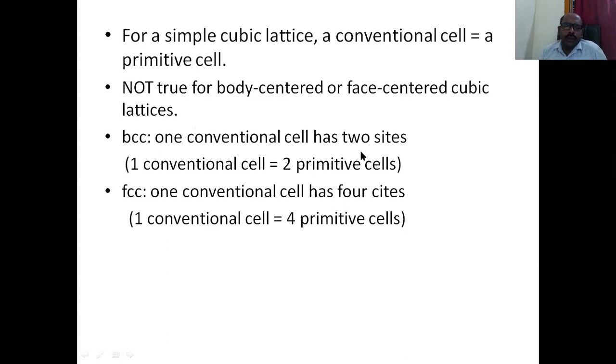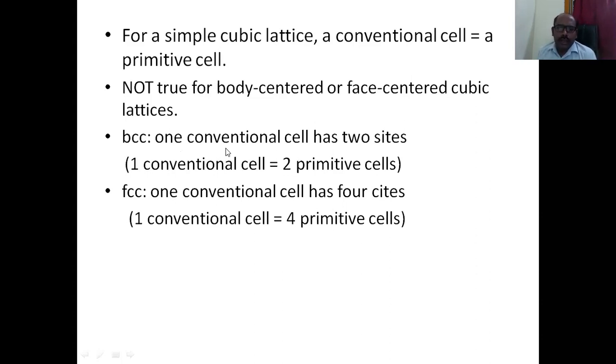So that is well known. But according to our definition, which unit cell is called a primitive unit cell? A unit cell consisting of only one lattice point per unit cell is a primitive unit cell. But what we are observing is that the body centered unit cell is not a primitive unit cell.